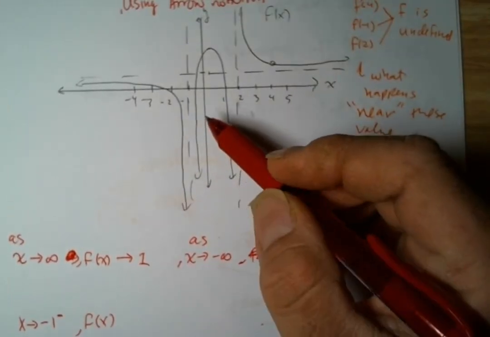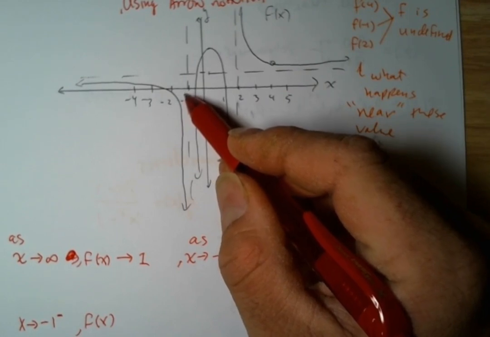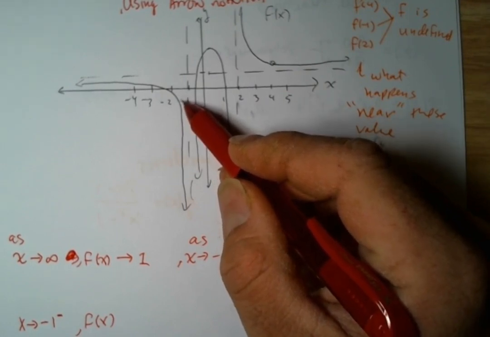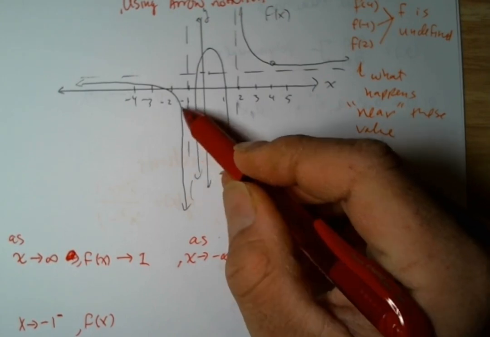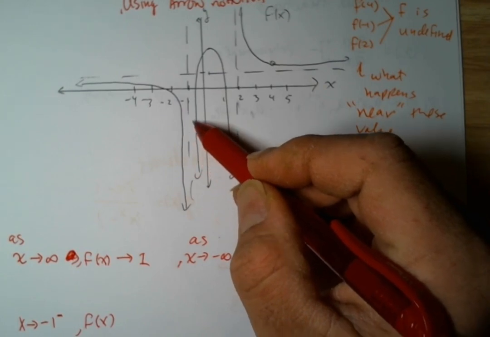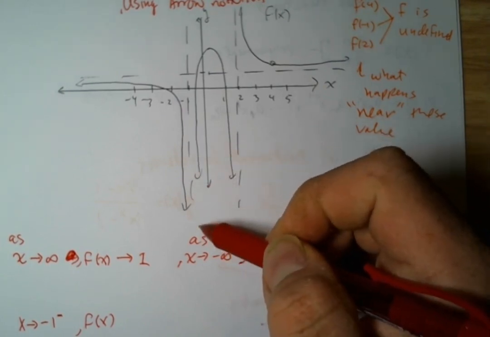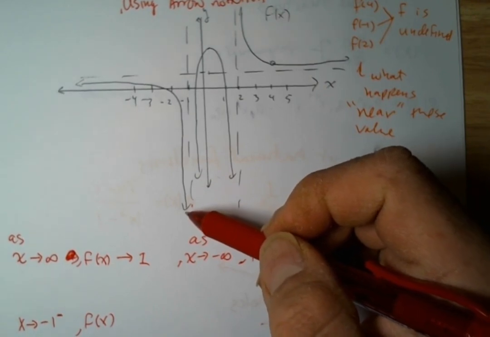As we see here, as x approaches -1, again, getting close to, well, how close? Really, really close. We can start to see the behavior that is happening here: the closer and closer I get, the further down this is going. That's what that arrow is indicating. It's going further and further down.